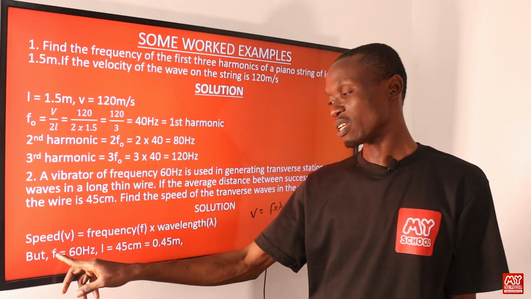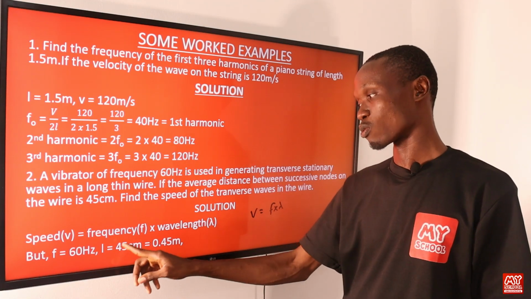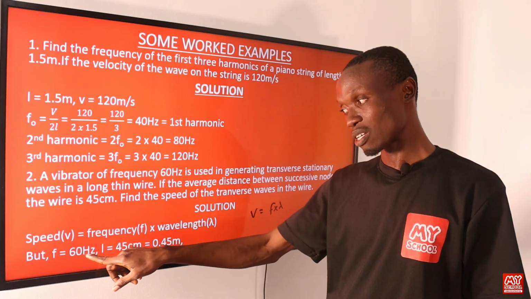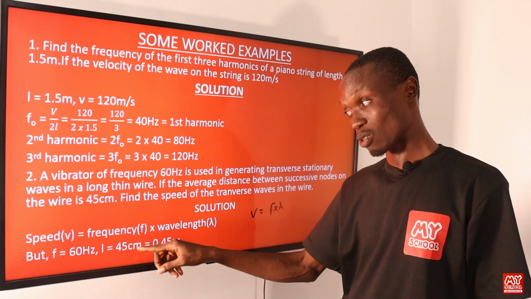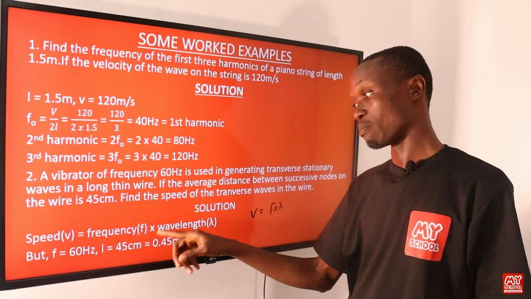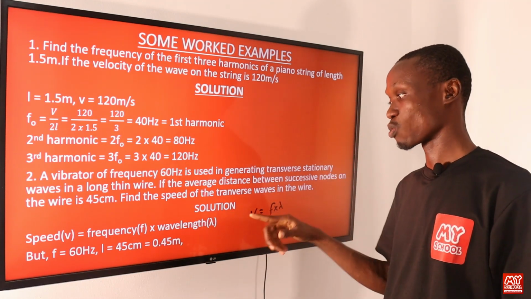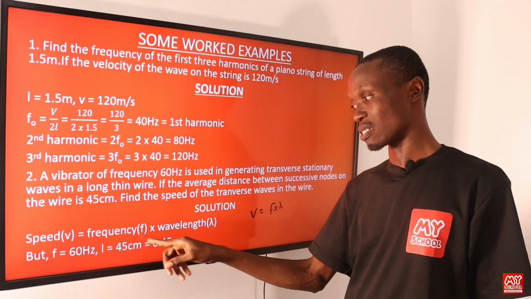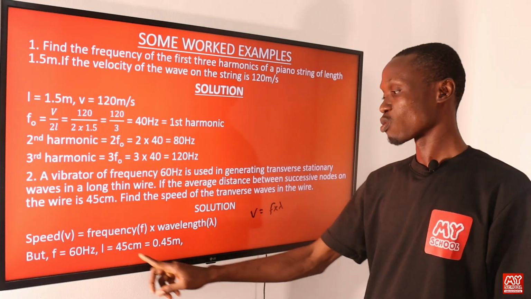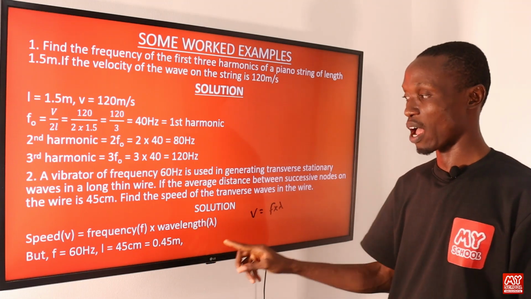In the question, we are given f to be equal to 60 hertz and the length of the wire to be 45 centimeters. Since this is not in its basic unit, we have to convert it to meters. We simply divide by 100, because 1 meter is equal to 100 centimeters. So if we divide 45 by 100, we obtain 0.45 meters.